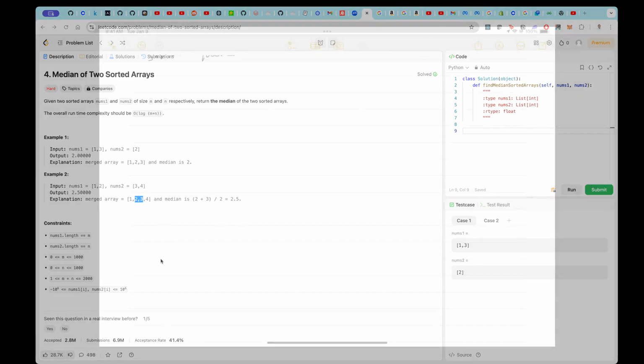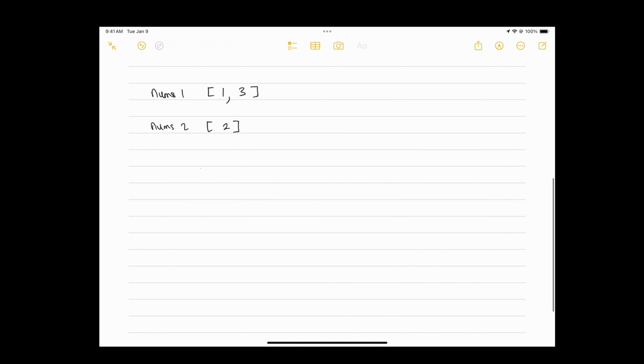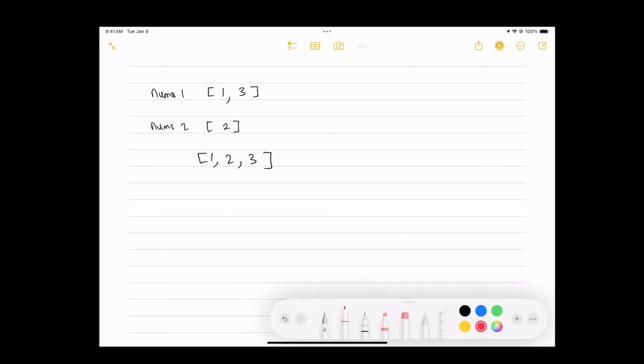Let's take a look at how this would be. So we essentially have one array, we have another array here. Let's say the first one is 1 and 3, and then the second one is just 2. So merging these two arrays, we have 1, 2, and 3, and this is our median.